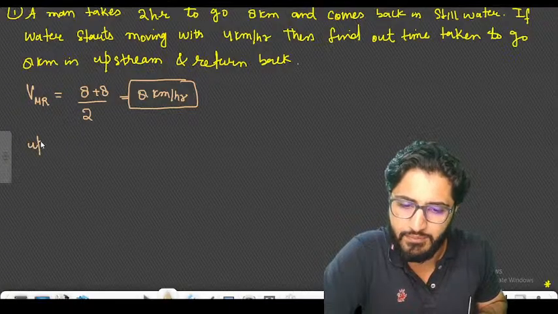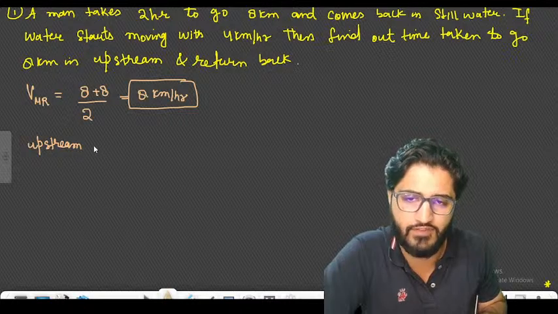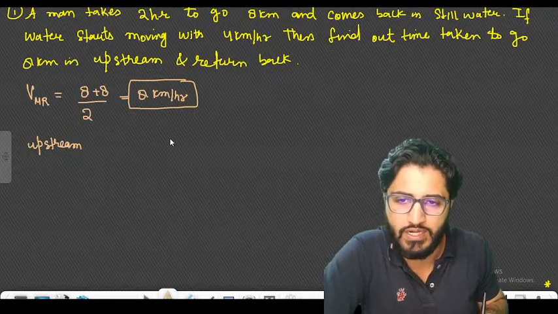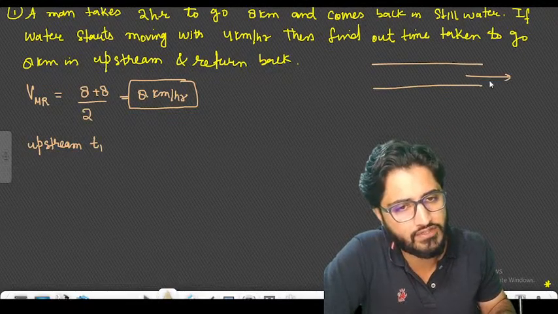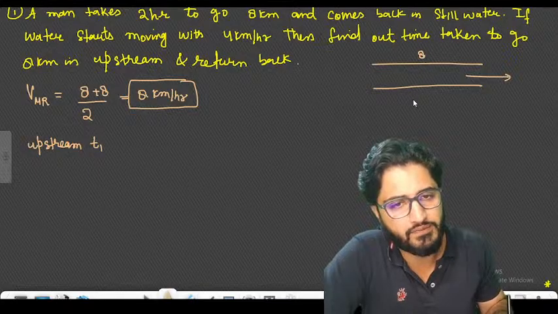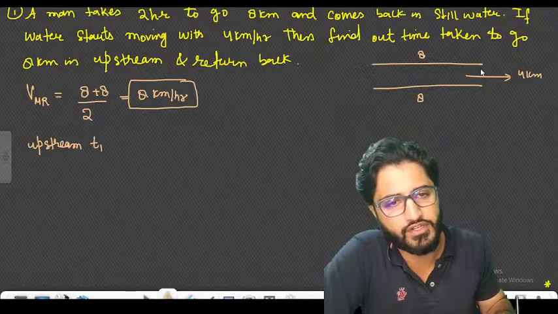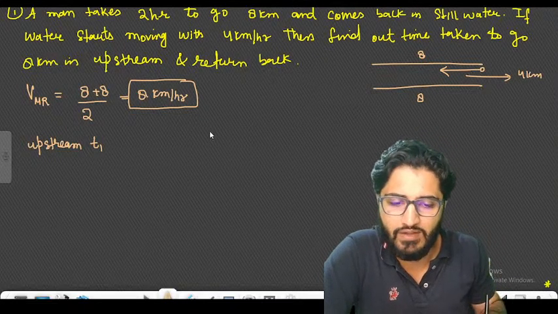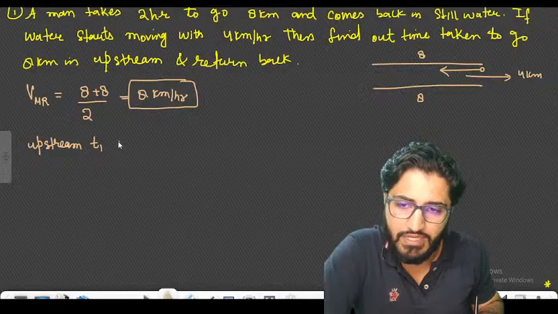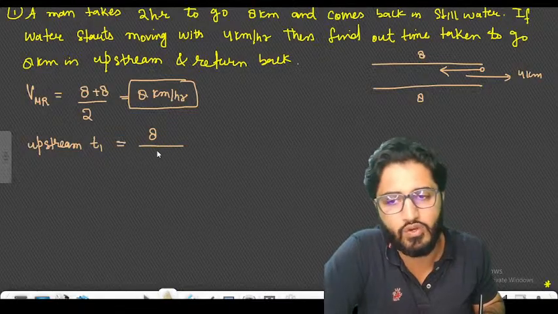Now upstream. As the flow of water begins with 4 kilometer per hour, let us suppose first upstream. This is my channel. Water is going this way. This is 8 kilometer, and it is going 4 kilometer per hour. A person is going from this end towards the left. Time taken, T1, is total distance 8 kilometer divided by velocity.